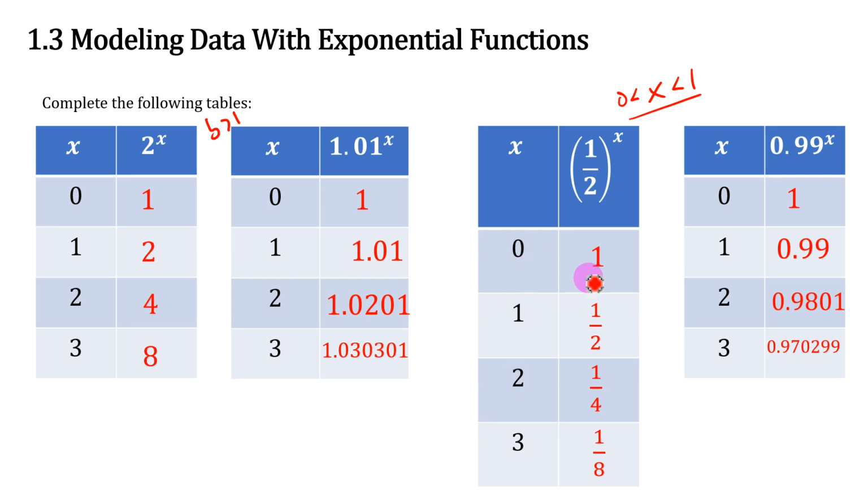Now, as x increases, y is decreasing. We went from 1 to 1/2 to 1/4 to 1/8. And over here, we went down just a little bit from 1 to 0.99 to 0.9801 and down just a little bit more, losing about 1% each time.